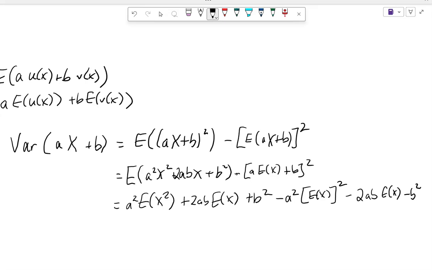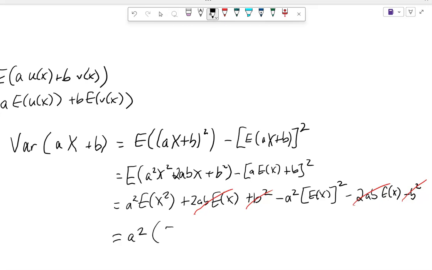Anything go away? The b squareds go away. What else goes away? The 2ab expected value of x, right? Thanks, Alton. Yeah, these go away, right? Those cancel each other out. Those go away as well. Can I factor anything out of the remaining two terms? a squared.